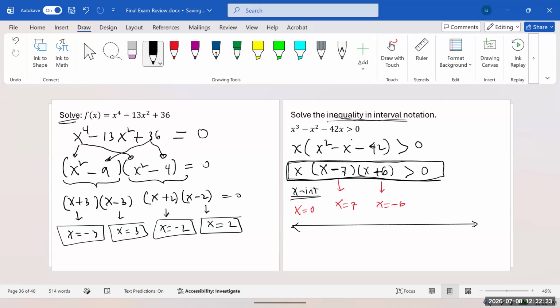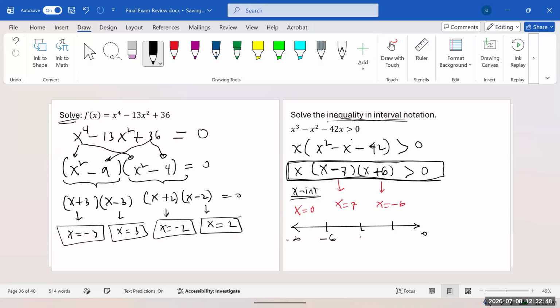Actually, I don't need this big number line because I need only one line to test. Negative infinity, positive infinity, and we have 3 x-intercepts. Which number goes first? 7 is positive.